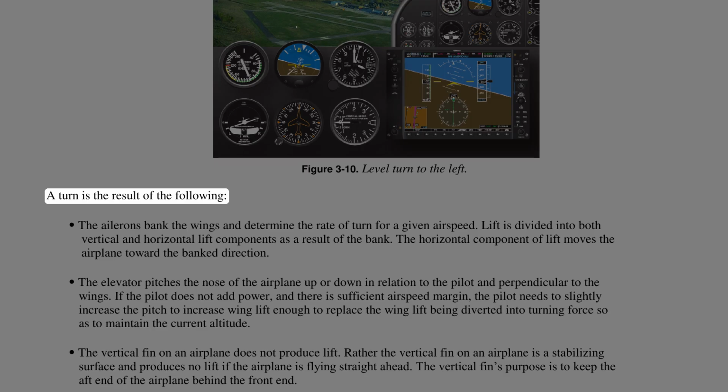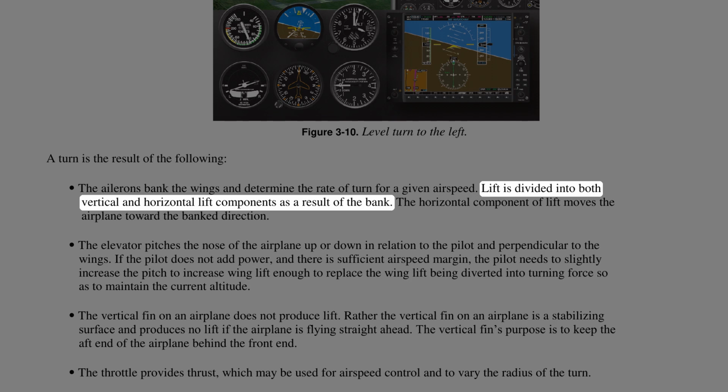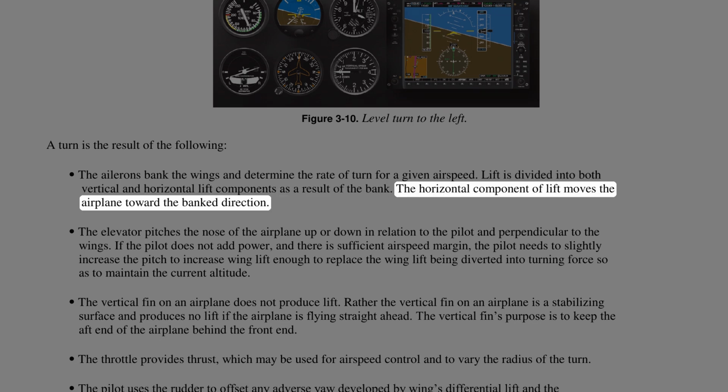A turn is the result of the following. The ailerons bank the wings and determine the rate of turn for a given airspeed. Lift is divided into both vertical and horizontal lift components as a result of the bank. The horizontal component of lift moves the airplane toward the banked direction.